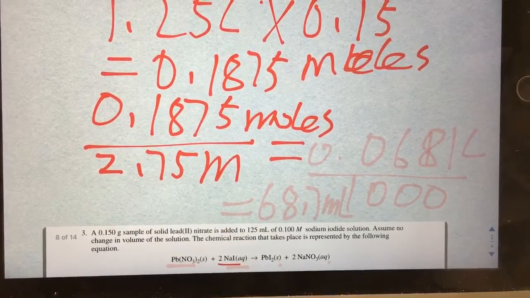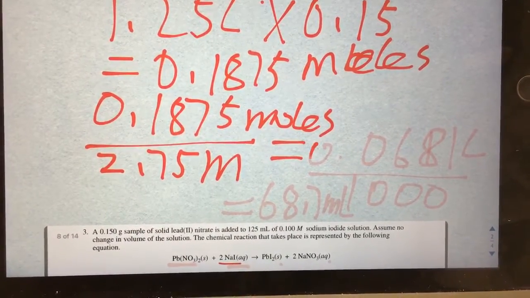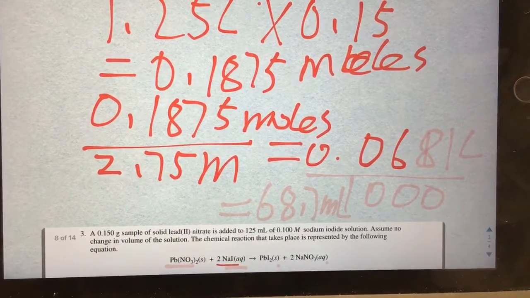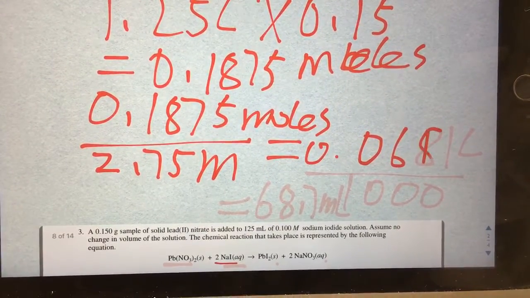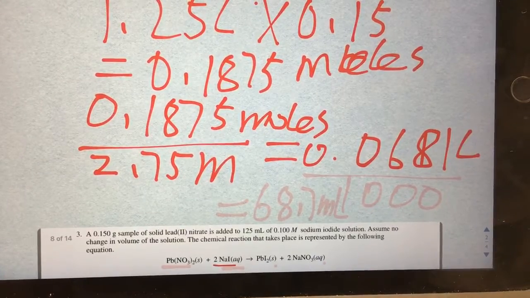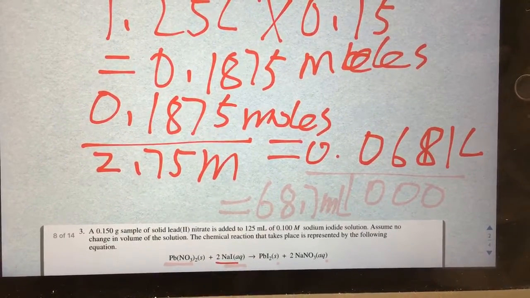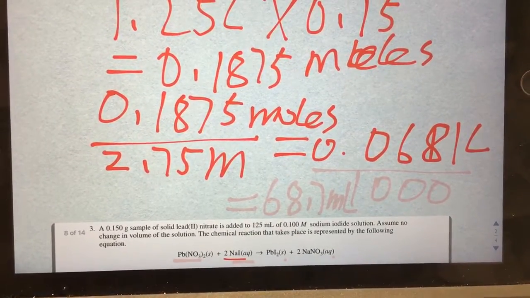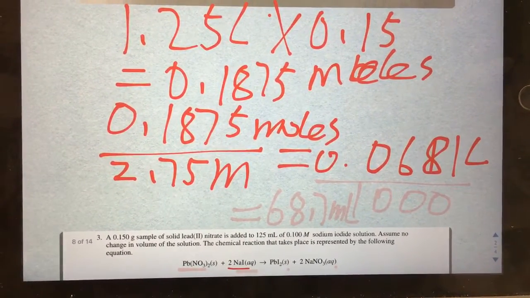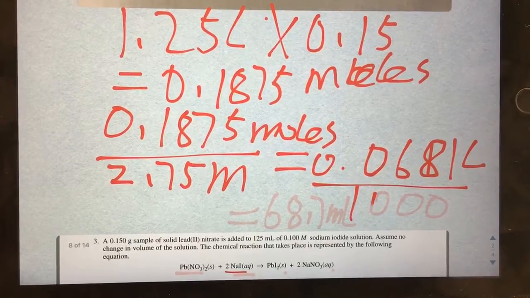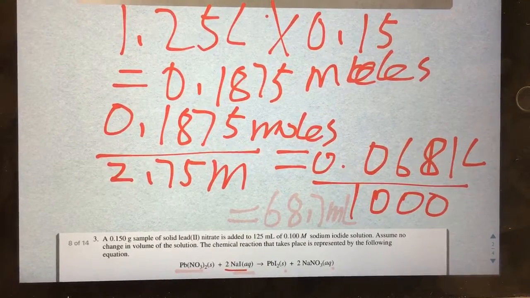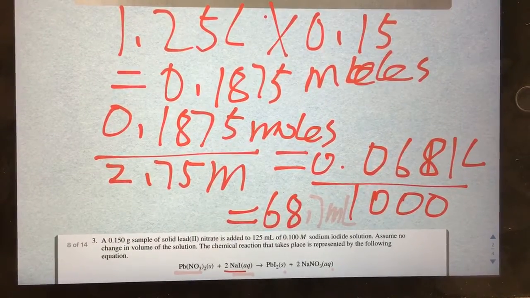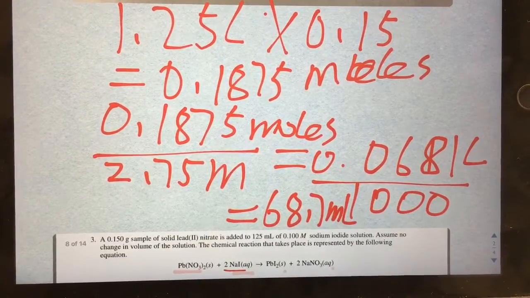That gives us 0.0681 liters. But remember, the units of this are milliliters. So to convert this, we need to multiply the final answer by 1,000, which gives us 68.2 milliliters.